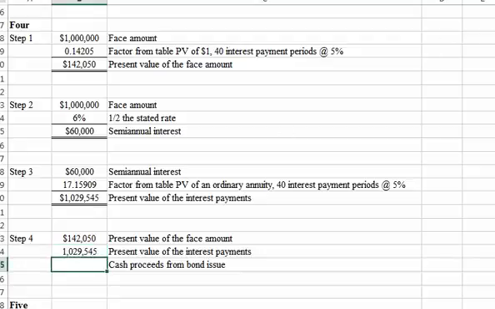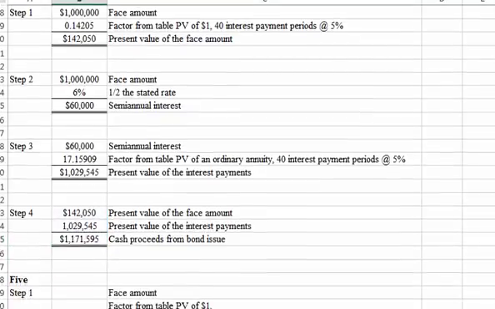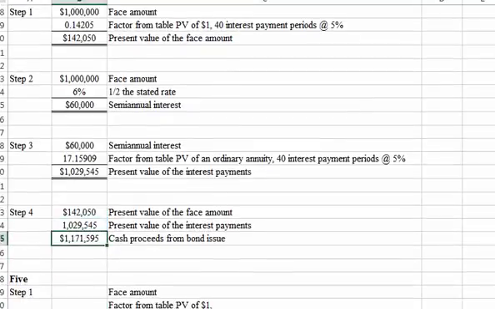We'll sum those. And cash received by the issuing corporation on number 4 would be $1,171,595. Again, that excess over $1 million would go into an account called premium on bonds payable.